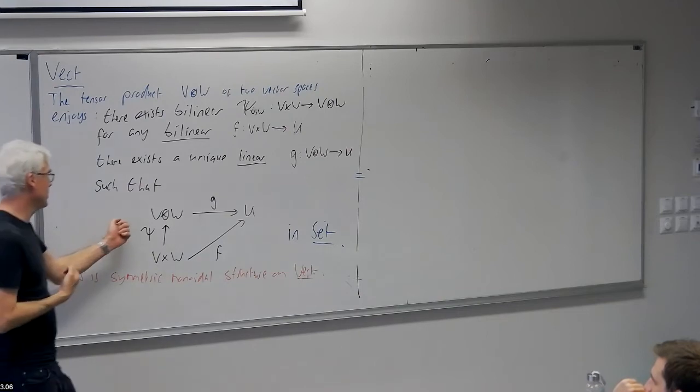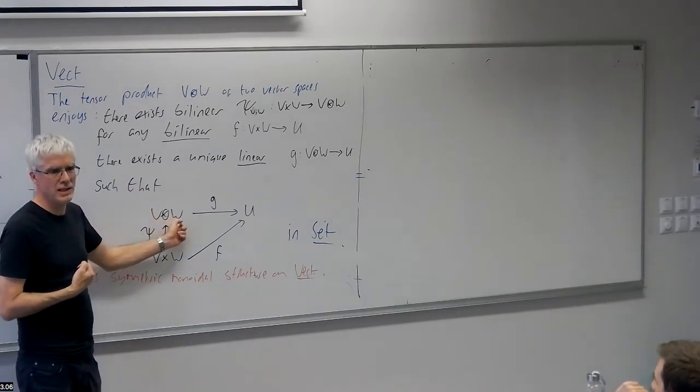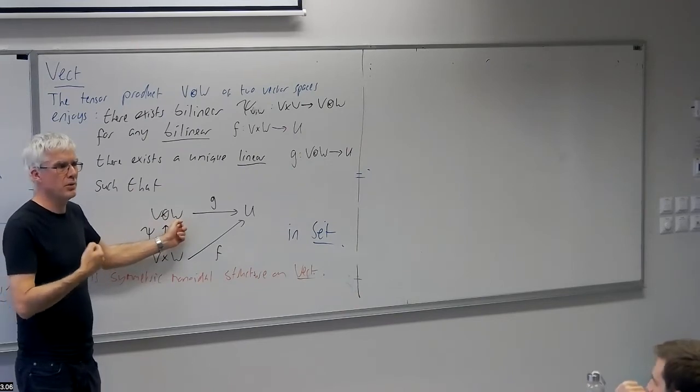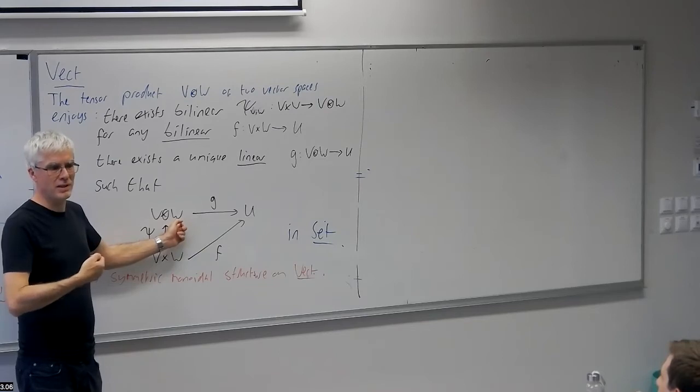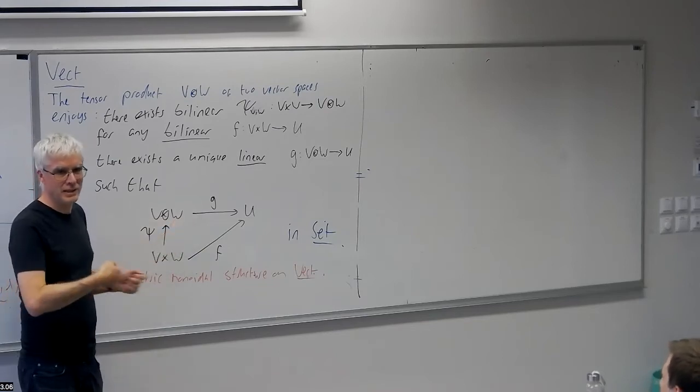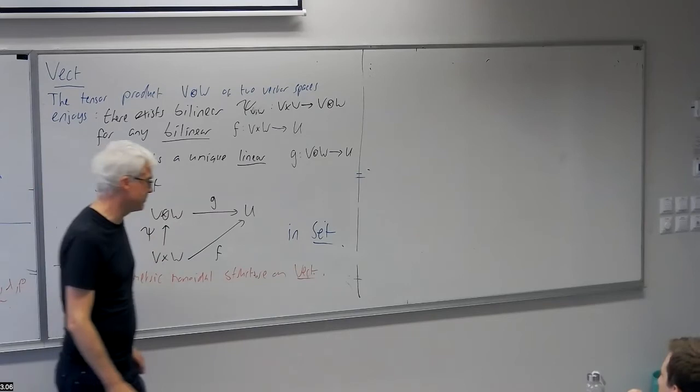So the monoidal structure provides a kind of product on the category. When you have a product operation, it often determines a kind of exponentiation operation, like an iterated product.